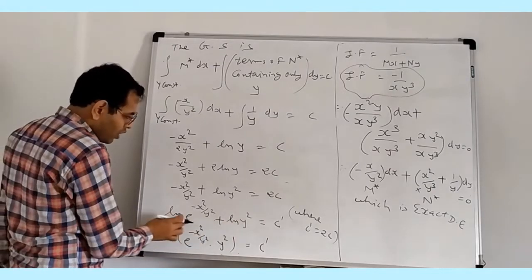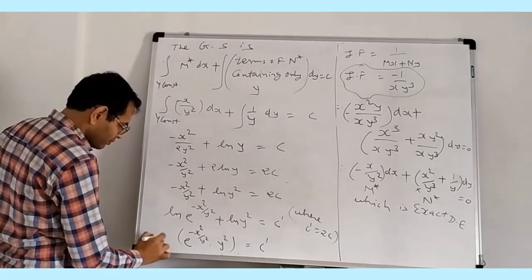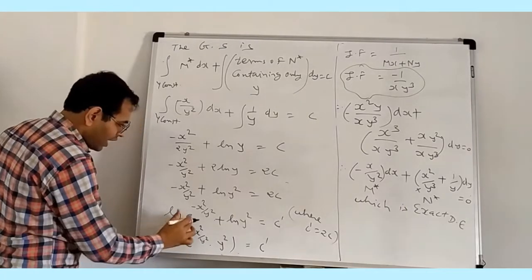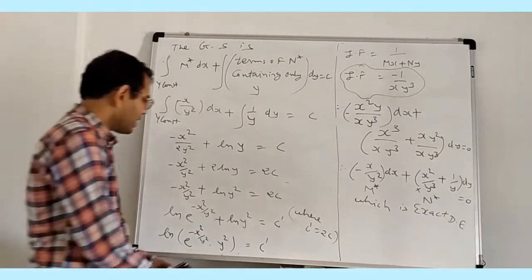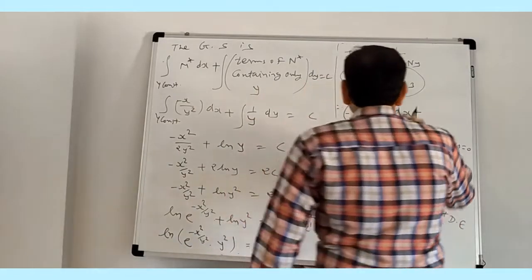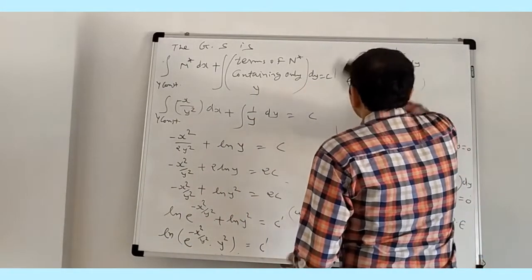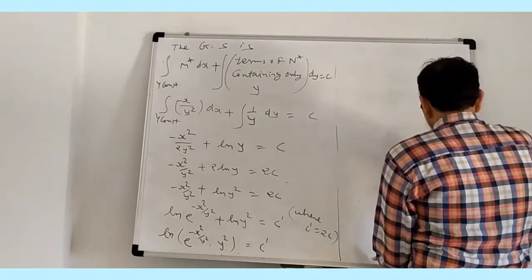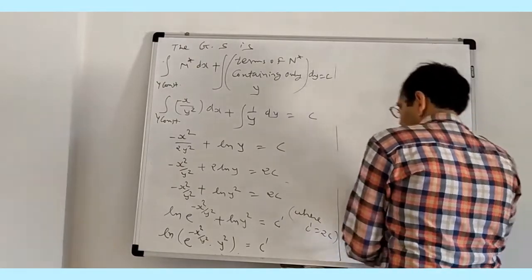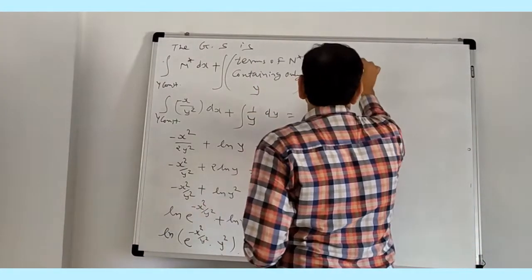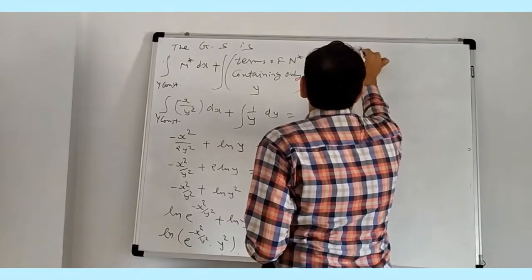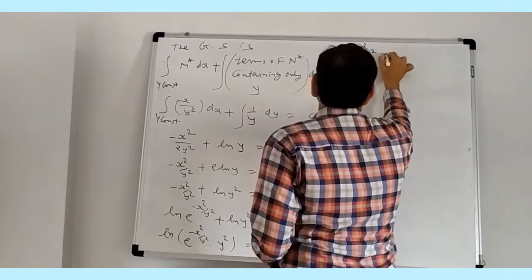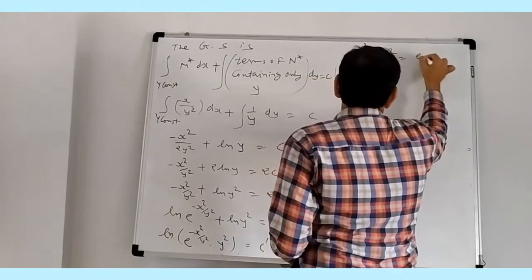Addition form we write in form of multiplication. Now taking antilog, that is form of constant term, e raised to minus x square by y square into y square equal to e raised to c dash.